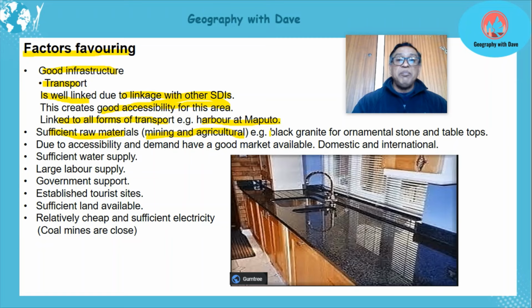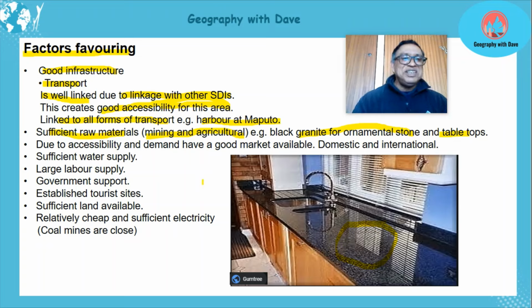Then we look at an example. Maybe I like black granite a lot. Black granite for ornamentals, stones, for tabletops. Can you see it here? Beautiful. I wish one day I win the lotto and I can put this in my house. Oh, it's lovely.